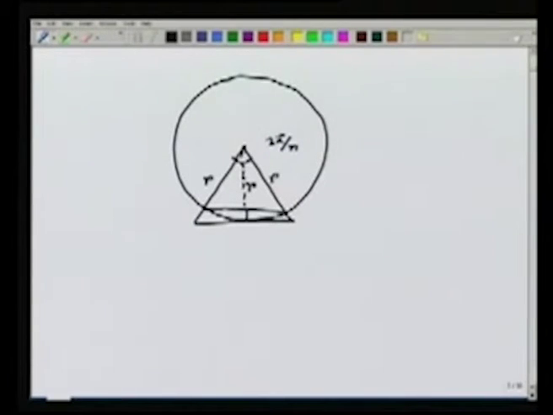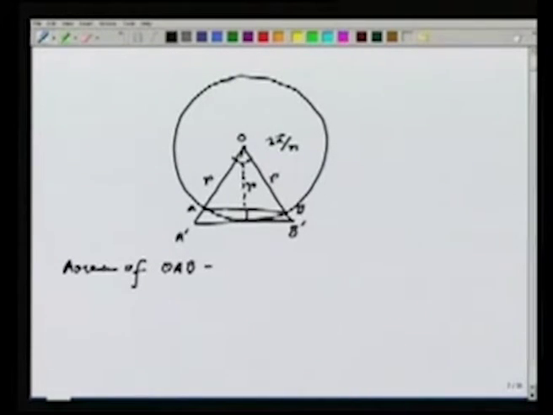Now if I try to find out first the area of the smaller triangle, let me give a name O, A, B, and the bigger triangle is O, A prime, B prime. So first try to calculate the area of OAB.